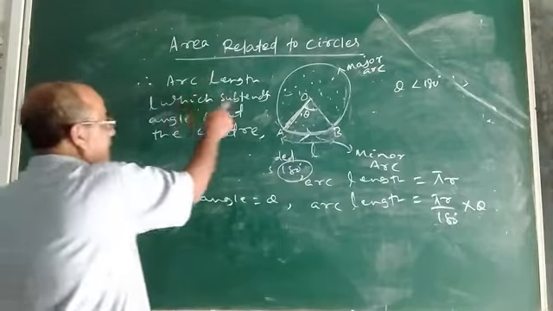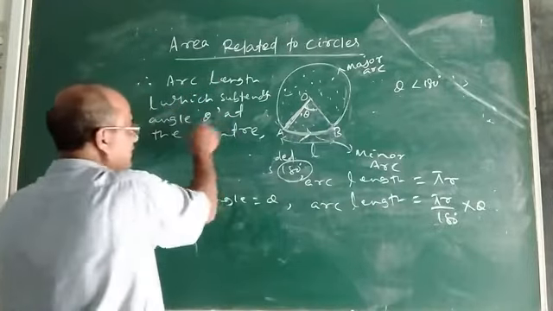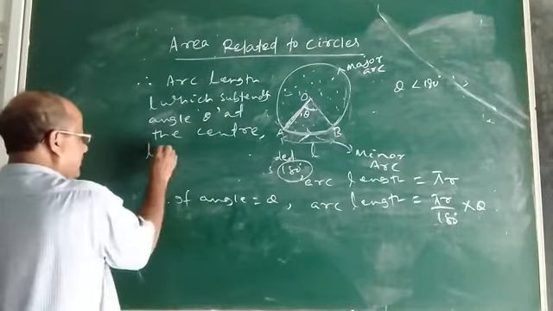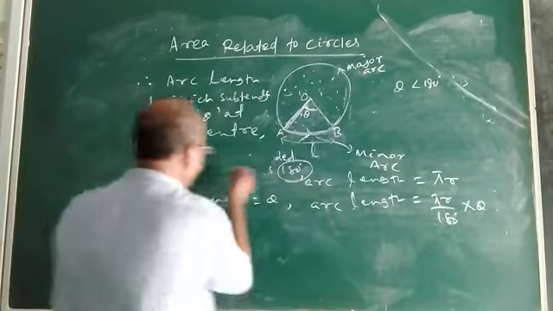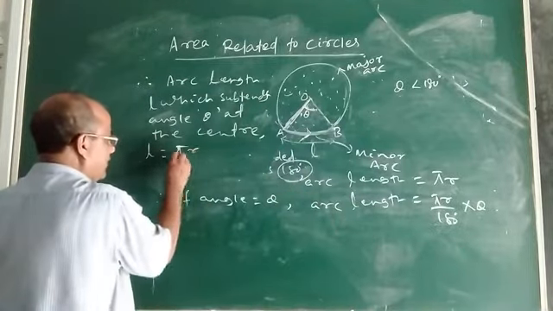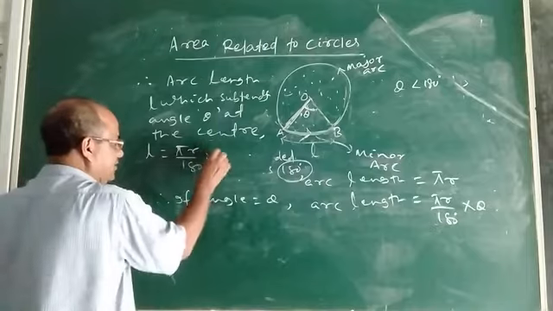So what is the arc length? Arc length L which subtends angle theta at the center will be given by this formula, pi r by 180 into theta.